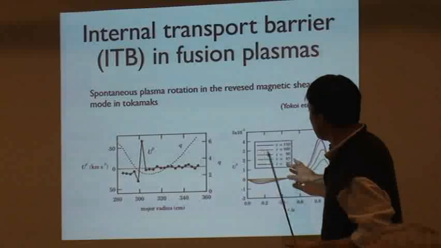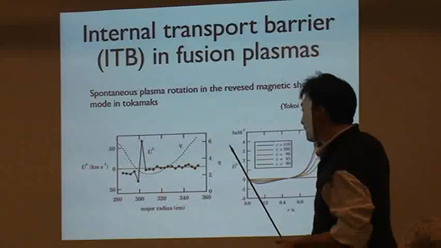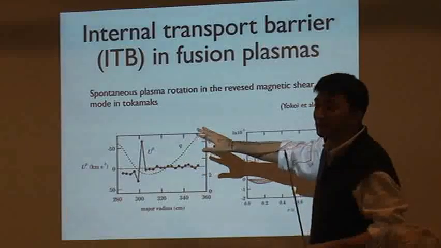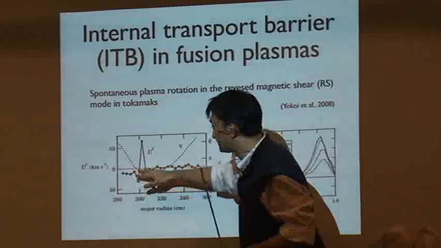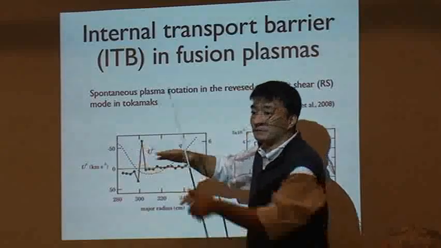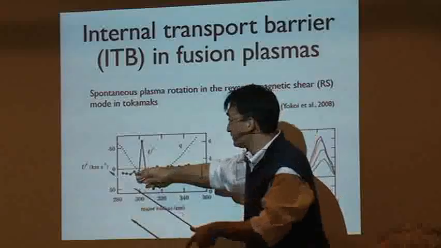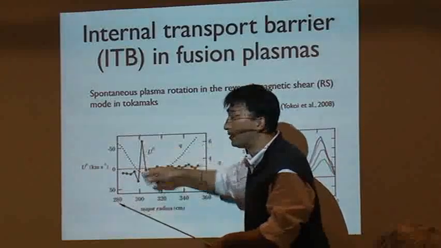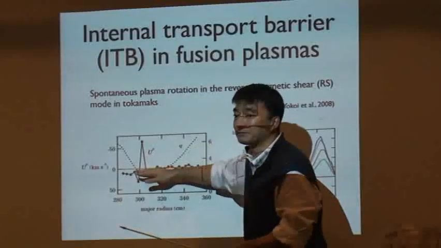So this is, I think, my first theoretical explanation of why, if the magnetic confinement becomes very good, then experimental people observe some rotation, toroidal rotation, in some location.